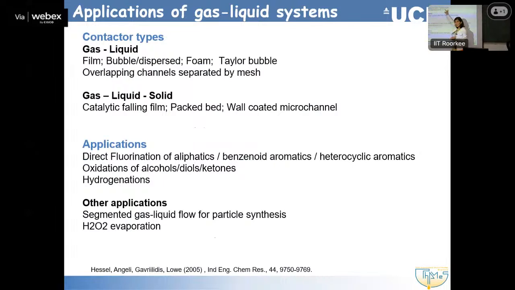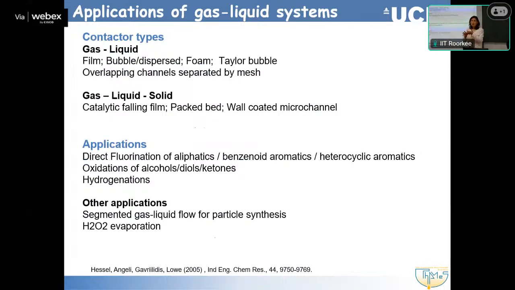Taylor bubbles might be something you are more familiar with, because there has been a lot of work done on that. The film contactors are one of the earlier ideas, because they don't need a lot of microfabrication, like the chemical process of falling films.